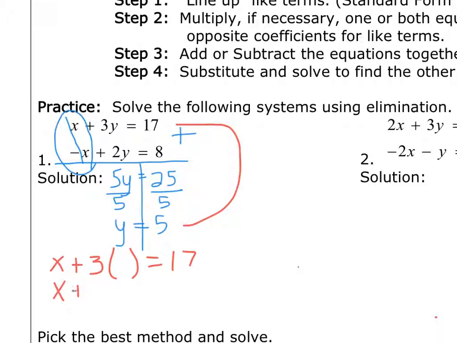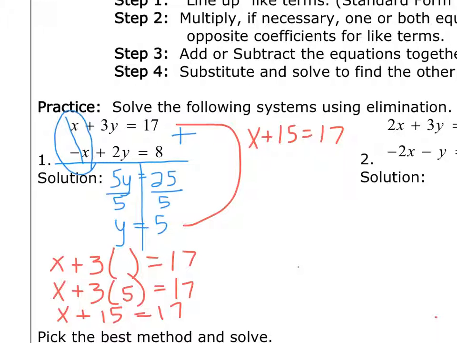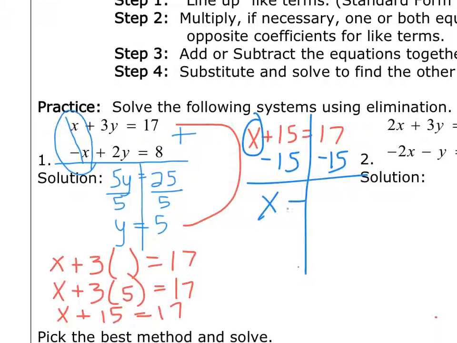So x plus 3, and my y is 5, equals 17. So x plus 15 equals 17. Let's just rewrite that up here. x plus 15 equals 17. Okay, and I'm solving for x. So minus 15 on both sides. And x equals 2. So my solution is 2, 5.